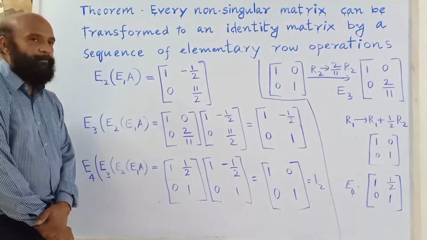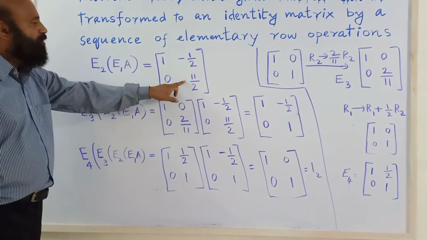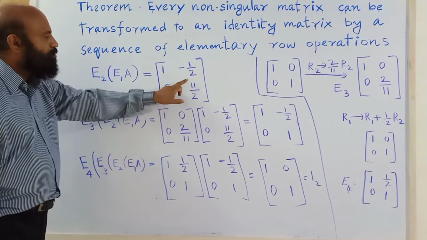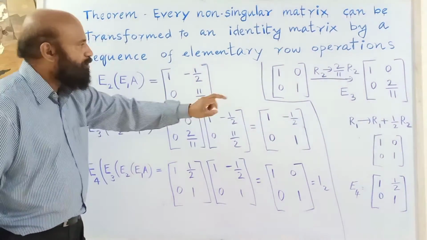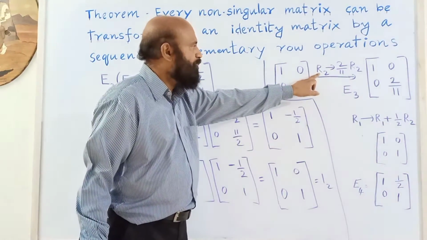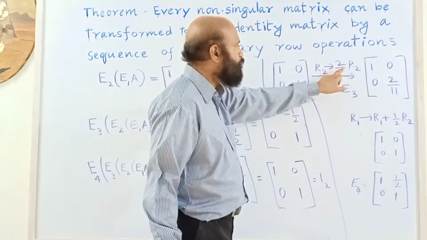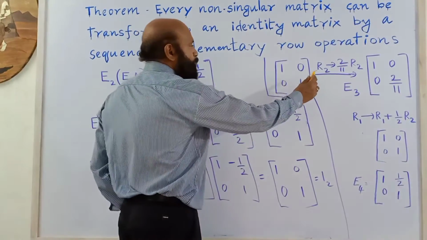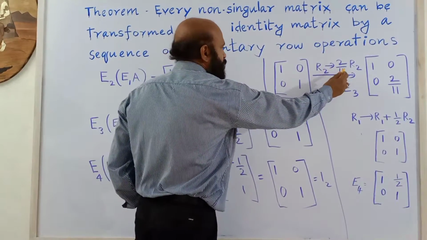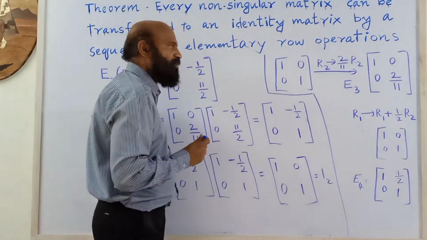To transform the given matrix to the identity matrix, here we have to make it 1. To make that 1, this is the elementary transformation needed. The second row is replaced by multiplying by 2 by 11. So now instead of doing this elementary transformation, we can multiply by this elementary matrix.